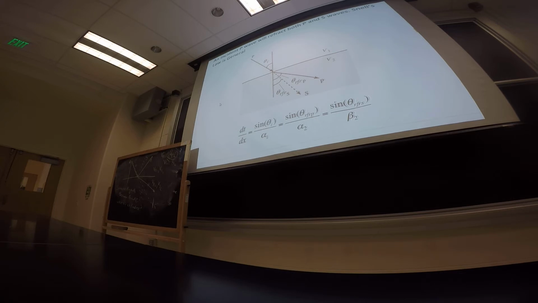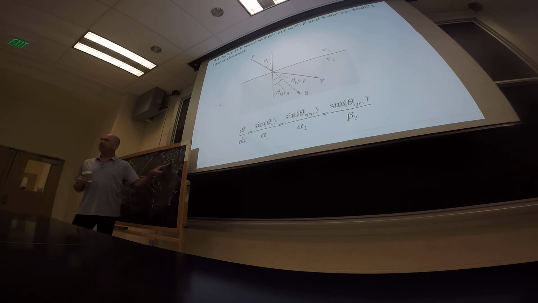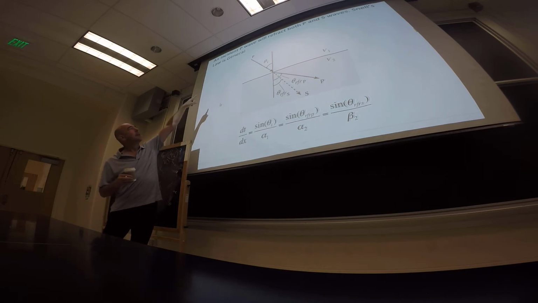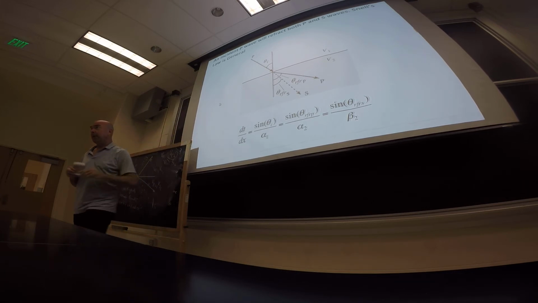You got two choices. Vp2 is less than Vp1. Now what we're saying, remember, is that Vs2 equals Vp1. So the shear velocity in this medium is equal to the P velocity in the medium above.